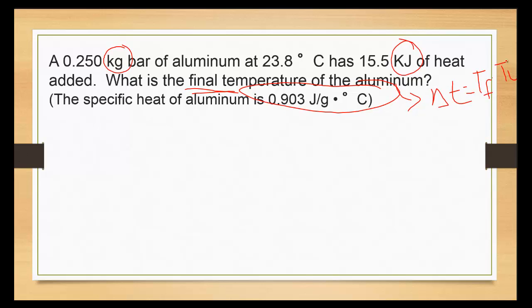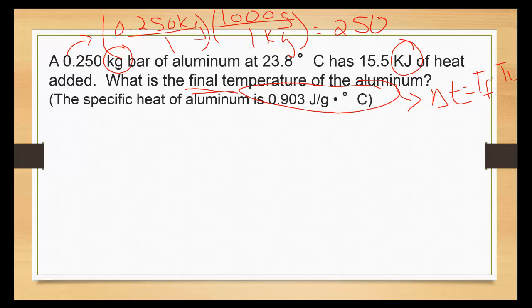So let's calculate this first. 0.250 kilograms. There's 1,000 grams in 1 kilogram. So that becomes 250 grams. Then we have 15.5 kilojoules. There's 1 kilojoule in 1,000 joules.